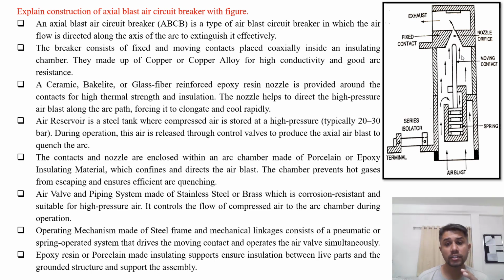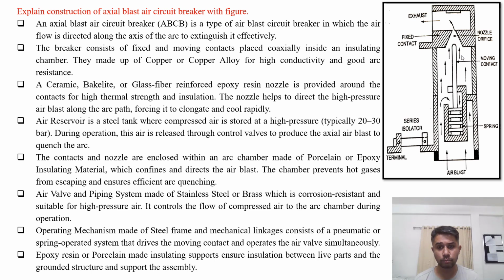Now, the nozzle helps to direct high pressure air blast along the arc path, forcing it to elongate and cool the arc rapidly. Now, air reservoir is a steel tank where compressed air is stored at high pressure, typically 20 to 30 bar.